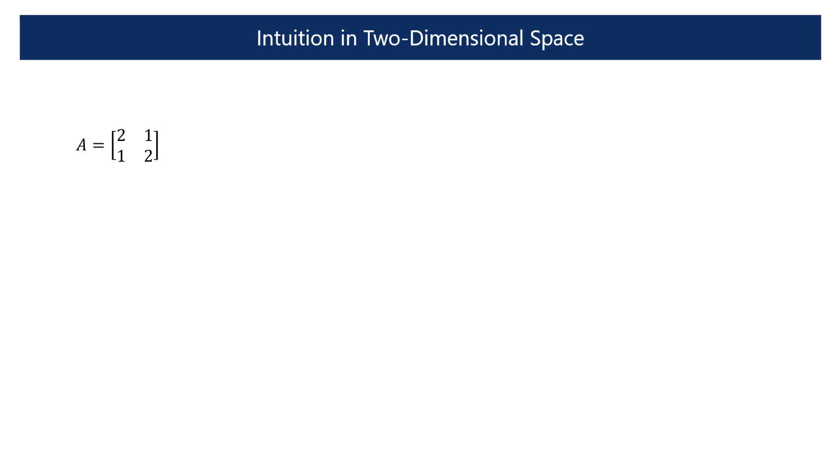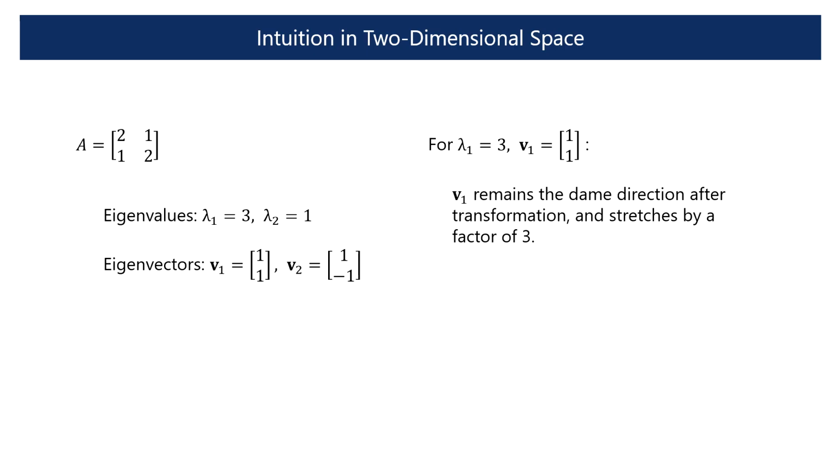Let's see an example in two-dimensional space. Consider this matrix A. When calculating the eigenvalues and eigenvectors of matrix A, we obtain these eigenvalues and eigenvectors. As to the pair of v1 and lambda 1, the vector v1 remains in the same direction after transformation and stretches by a factor of 3.